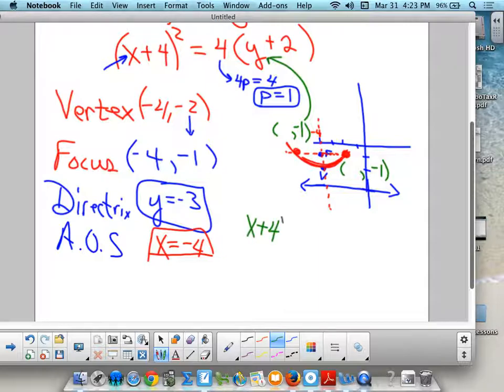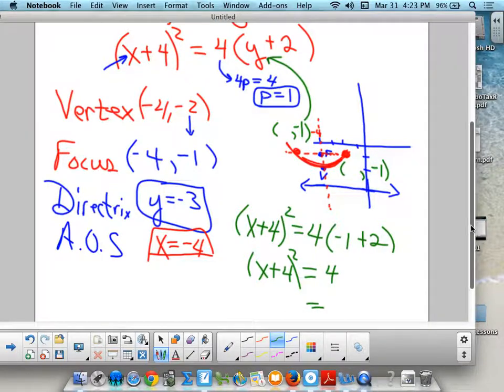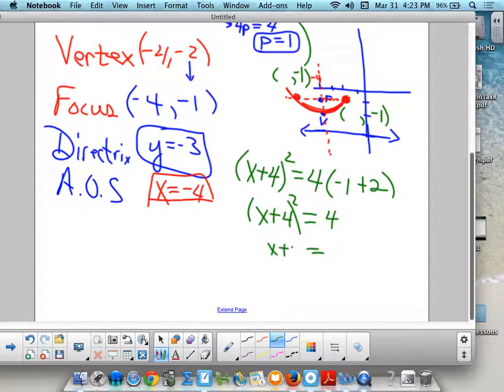x plus 4 squared equals 4 times negative 1 plus 2, which is 1 times 4, is 4. Square root of both sides. You get x plus 4 equals plus or minus 2. x equals negative 4 plus 2 and minus 2.